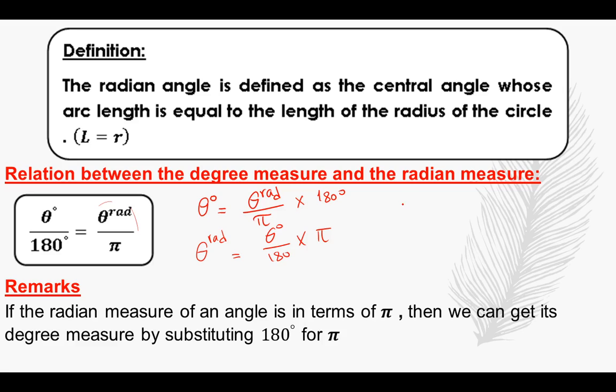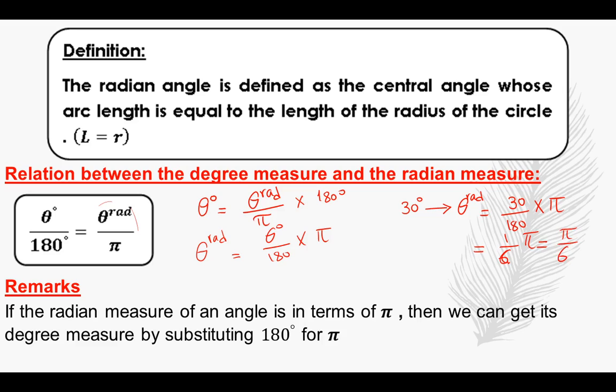If you have an angle of measure 30 degrees and you want to convert it from degree measure to radian measure, you will use the rule: theta radian equals 30 over 180 multiplied by pi, which simplifies to 1 over 6 pi, and you can write it as pi over 6.